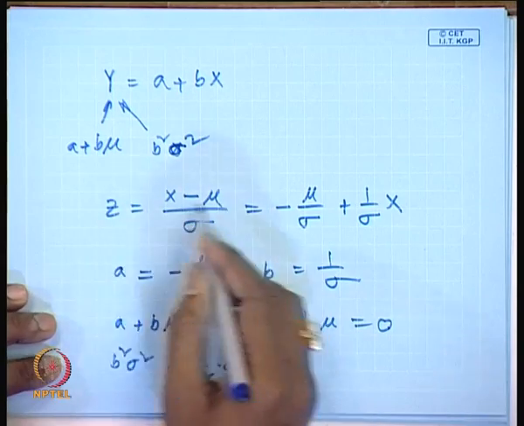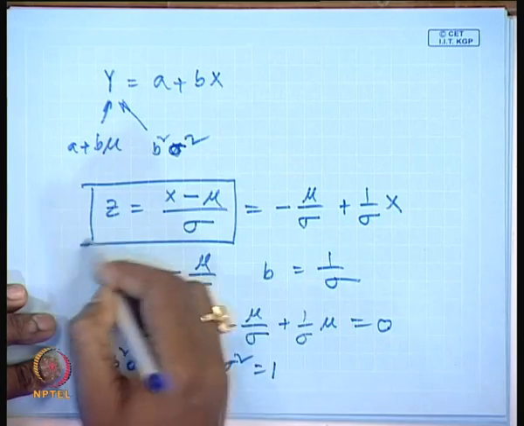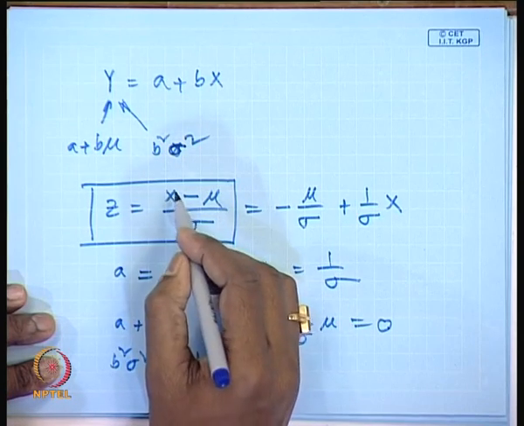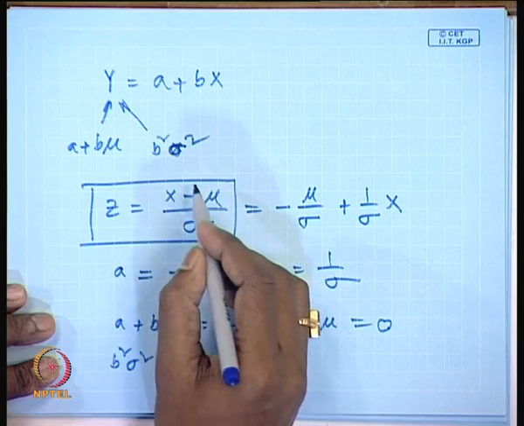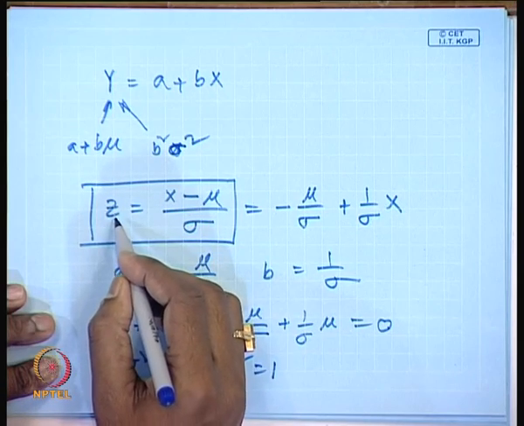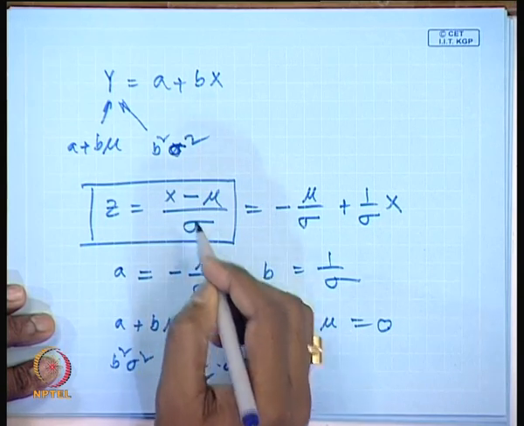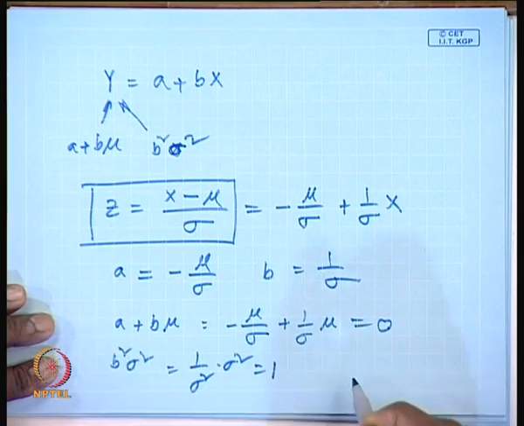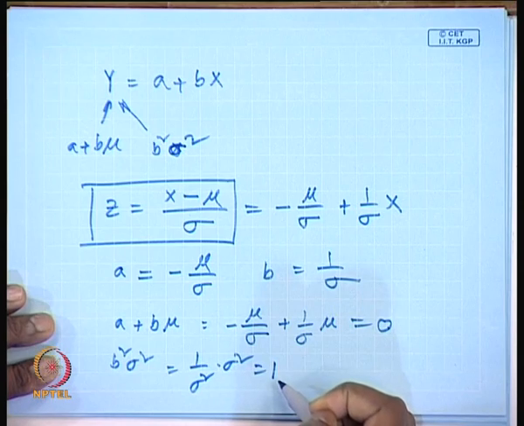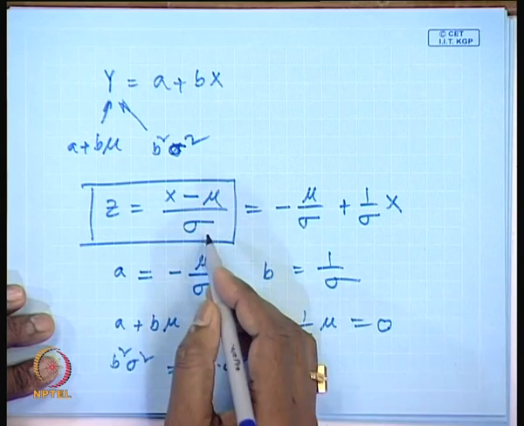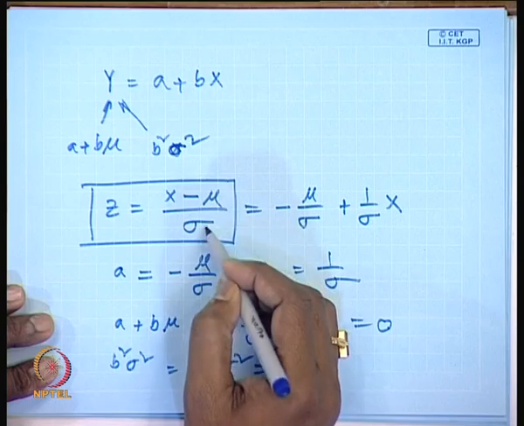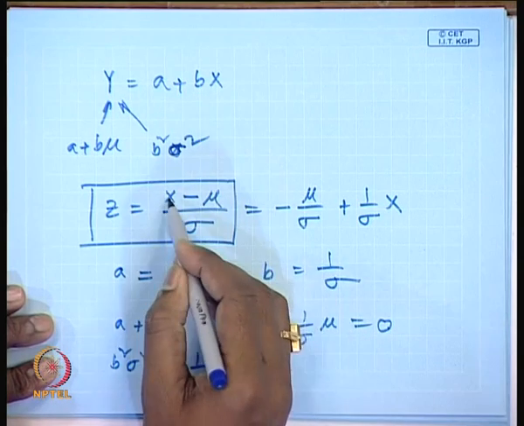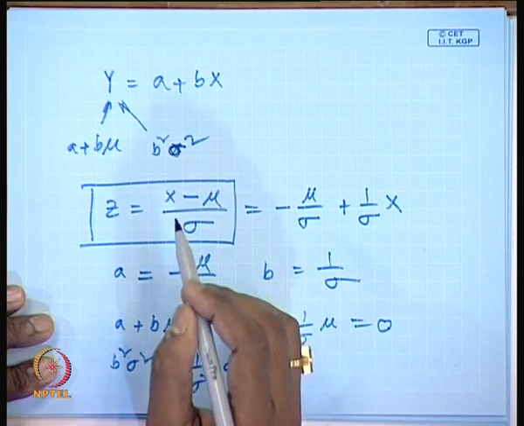So, through this conversion of any normally distributed random variable, we can generate another new random variable which is again normally distributed with mean 0 and standard deviation 1, and this conversion is irrespective of any specific value of mu and sigma that the original random variable has.